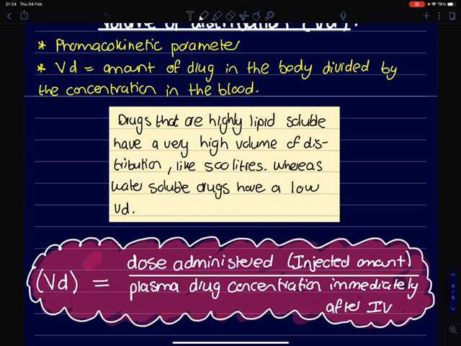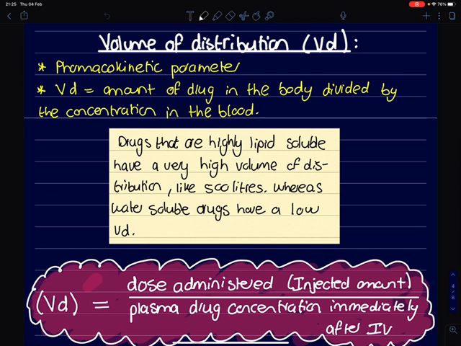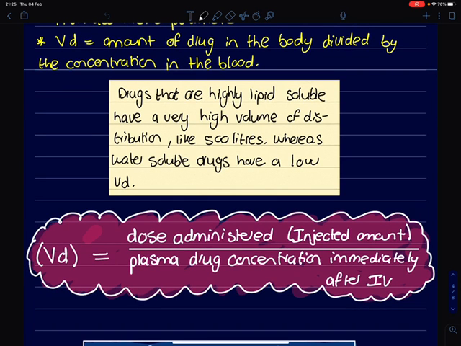Whereas a drug that is ionized, which means it's water soluble, will not diffuse through lipid bilayer, which means it won't be distributed throughout the body and will have a low volume distribution. So a good volume distribution would be like 500 liters, whereas a bad volume distribution of some neurotransmitter drugs and things like that would have a 5 liter volume distribution.